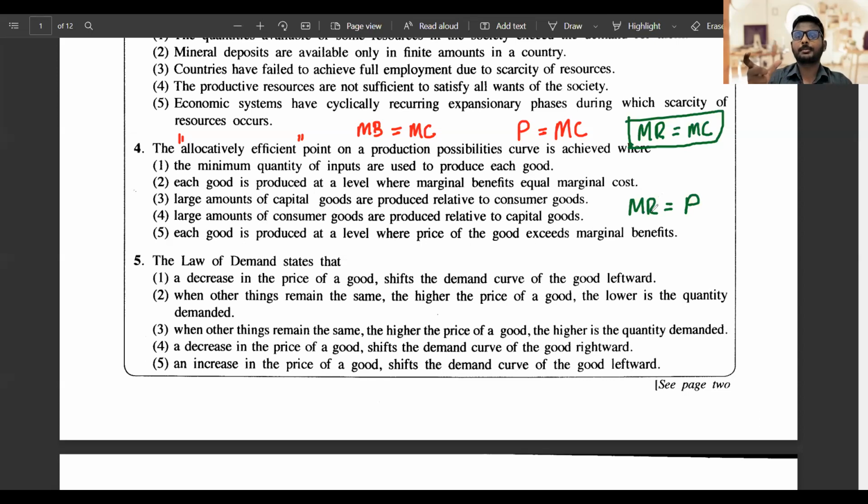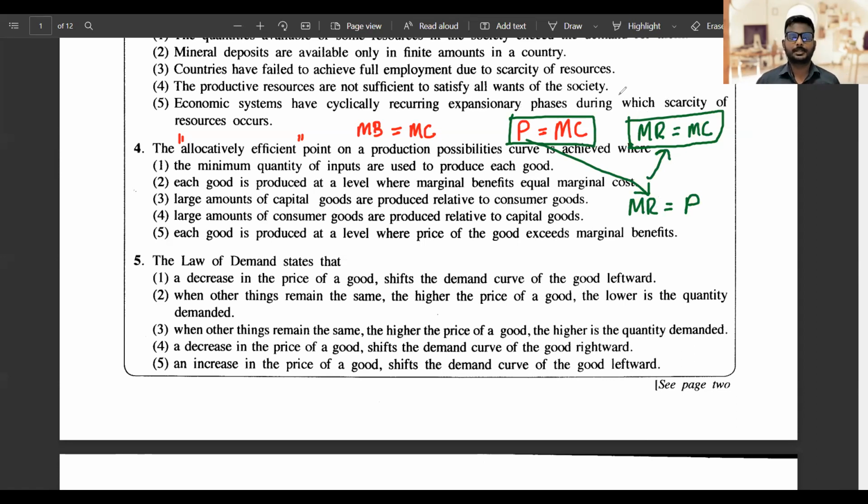So if you're talking about a perfectly competitive market, since price equals MC is the condition for allocative efficiency to be met, and you see price is equal to marginal revenue. So in a perfectly competitive market, you can write allocative efficiency will be achieved when MR is equal to MC.